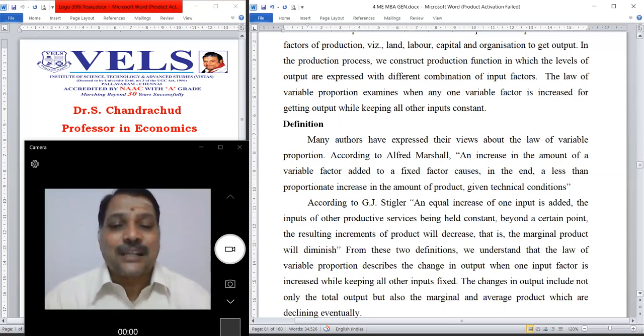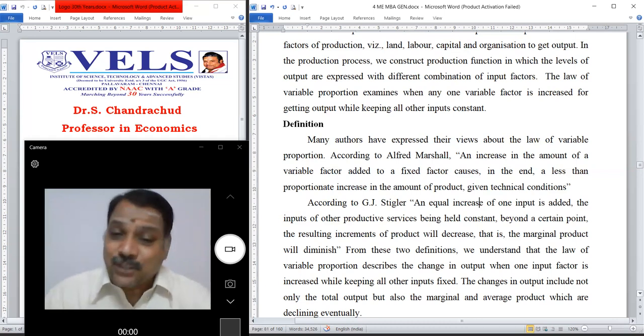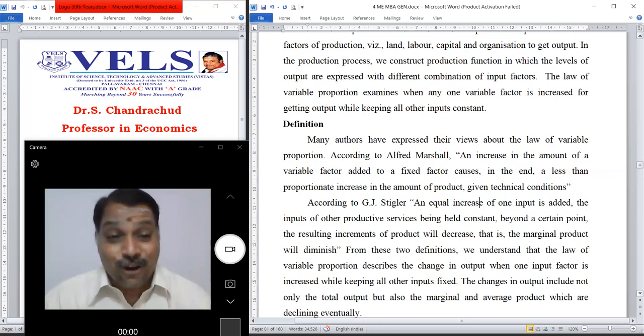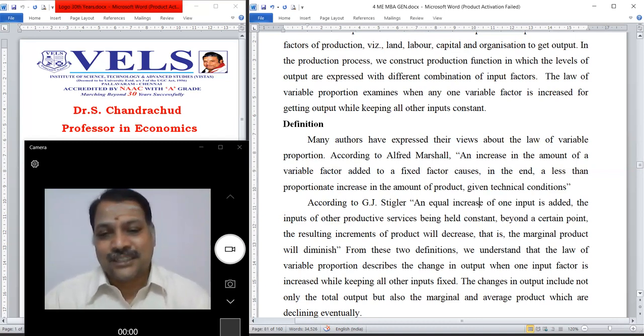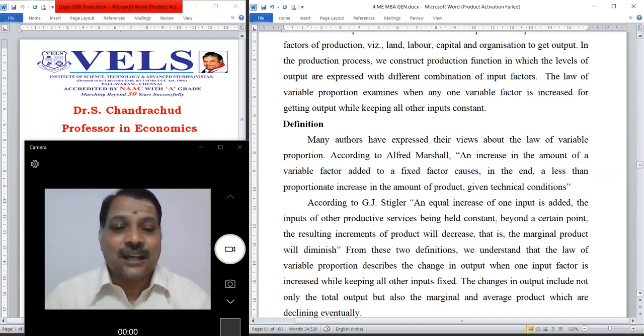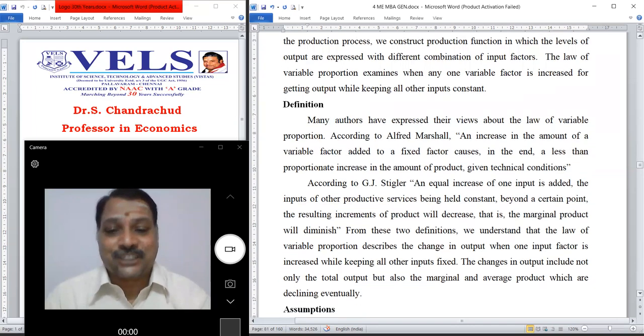An equal increase in one input is added, the inputs of the other productive services being held constant, beyond a certain point the resulting increment of product will decrease. That is, the marginal product will diminish.